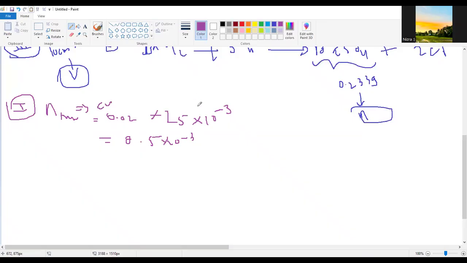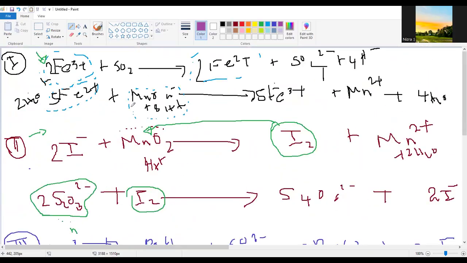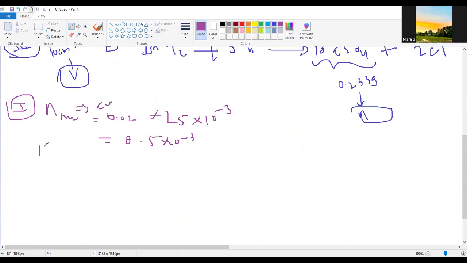Then you can see that MnO4 minus to Fe2 plus ratio is 1:5. That means moles of Fe2 plus is 5 times of this. So you have to show the ratios also, okay? MnO4 minus to Fe2 plus is 1:5. For that also there's a mark. Then moles of Fe2 plus will be 0.5 into 10 power minus 3 times 5.